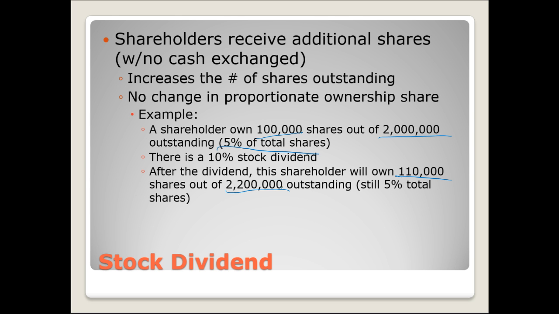If you do the math, you notice that this shareholder still owns 5% of the total shares outstanding. This is what we mean to say when we say there will be no change in any one shareholder's proportionate ownership share. They still have the same proportion of the company.